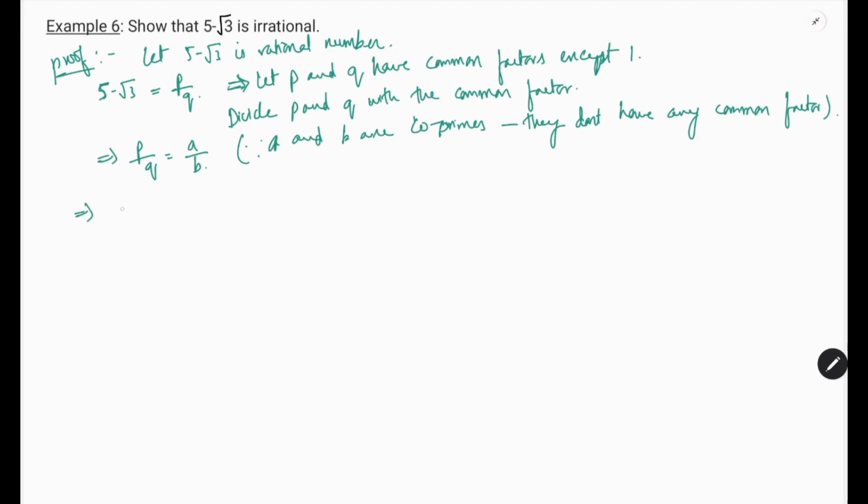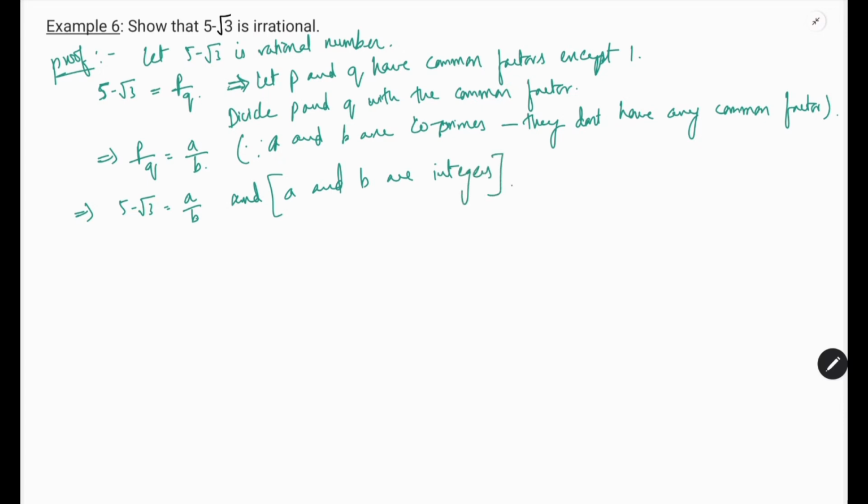Okay, so here 5 minus root 3 is equal to a by b, where a and b are integers.